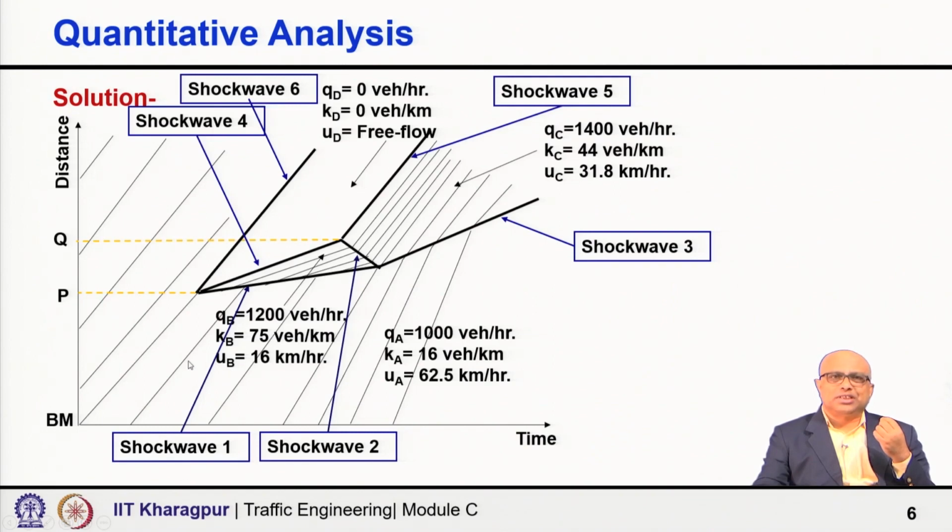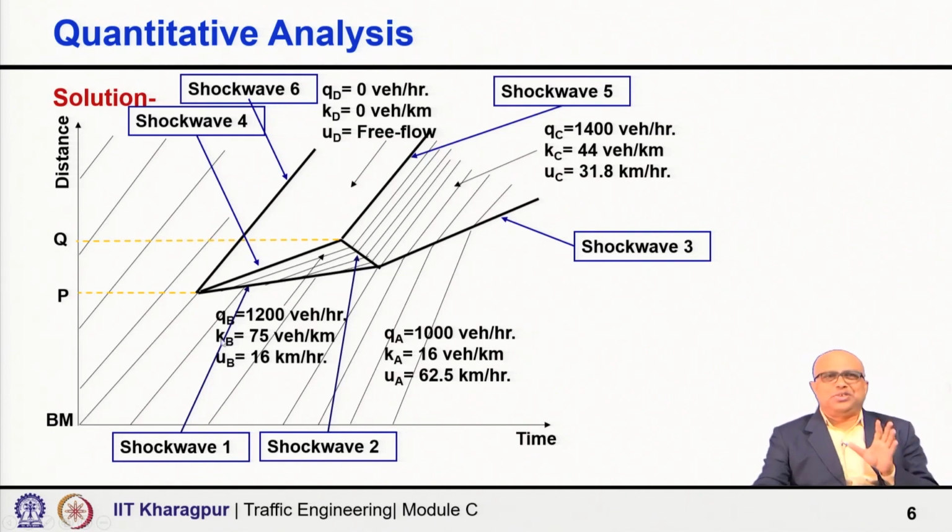One is between traffic state A and traffic state B, another between traffic state B and traffic state C, another between traffic state A and traffic state C, another between traffic state B and traffic state D, shock wave 5 between traffic state C and traffic state D, and shock wave 6 will be between traffic state A and traffic state D.